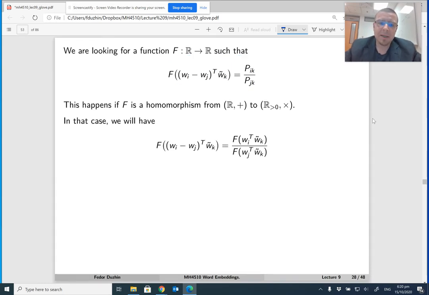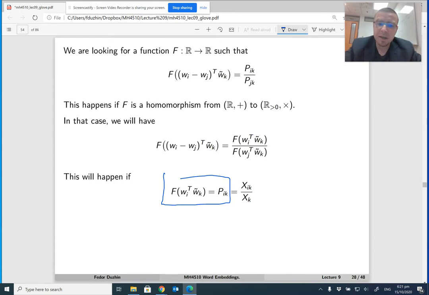In that case, we're going to have this property. In order to ensure this, we should just require that f of w_i transposed times w tilde_k is just P_ik.